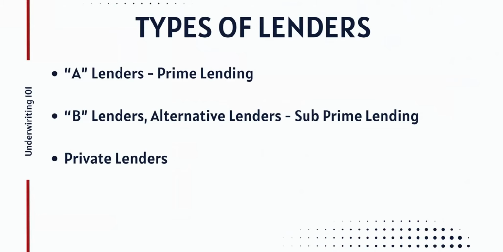This is something that we've gone over, so I just want to make sure that I'm not spilling the same information at you guys over and over again. Does anybody want me to review this again, or do we have a good understanding of where we're at with A, B, and private lenders? I'm good. Okay, I will take that as everybody's good then.